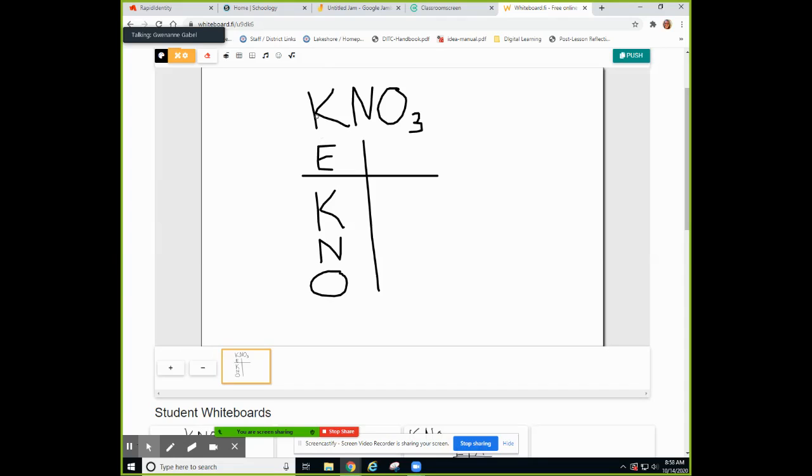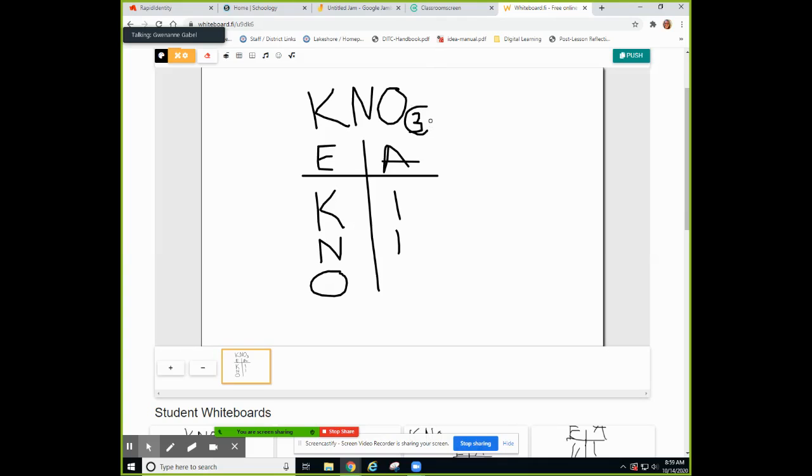when we don't have a subscript like potassium, there's no number here. That means there is only 1 atom. And the nitrogen right here has no subscript also, so that means there is only 1 atom of that.